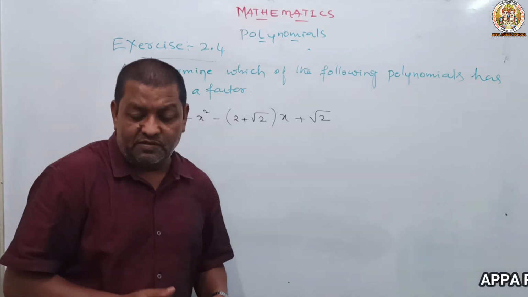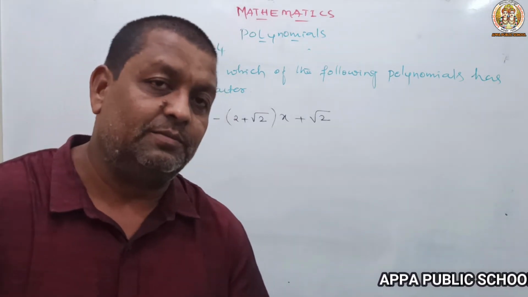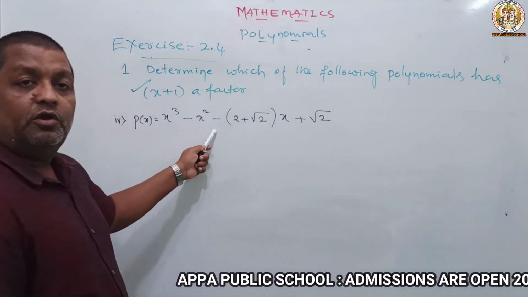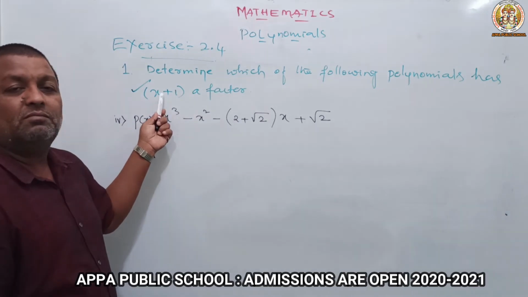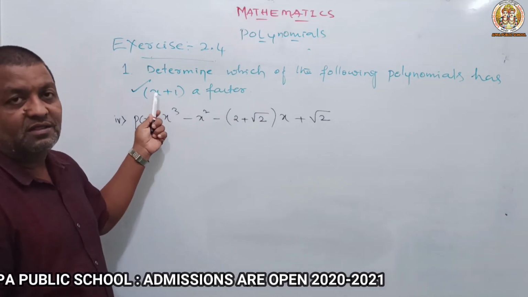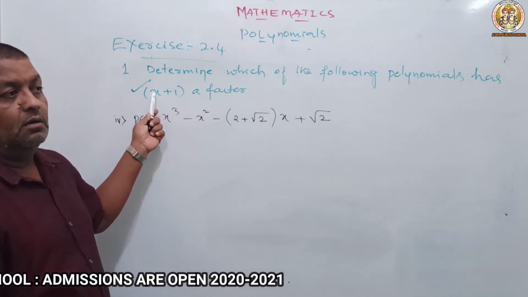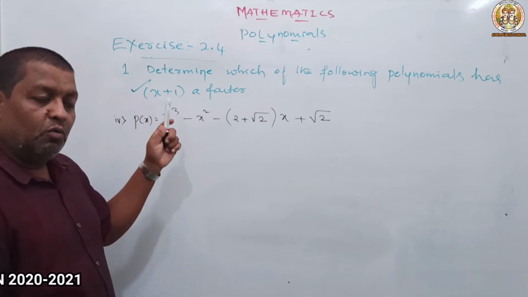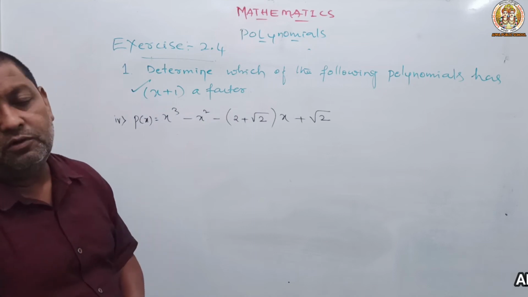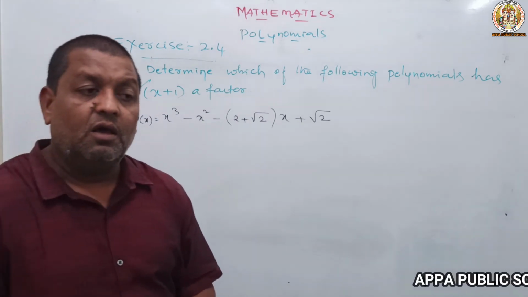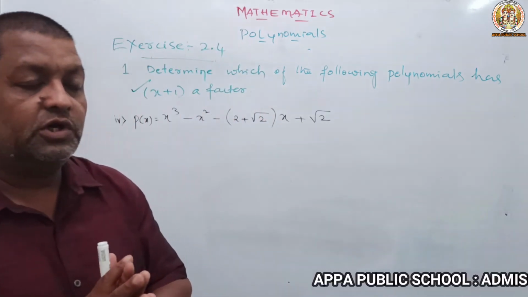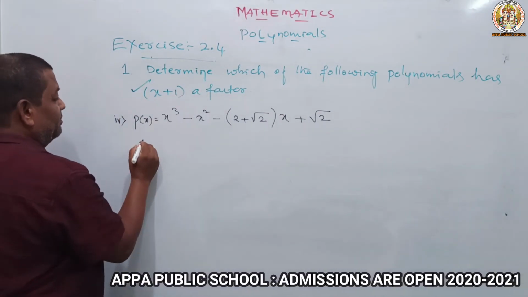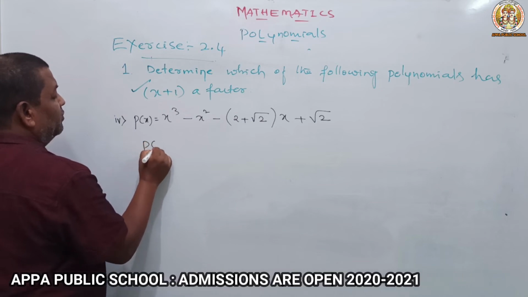Why I took this one is because here we need to do some adjustment to get an easy answer. For this polynomial, once again the same: we need to check whether this linear polynomial is a factor of it. What is the procedure? Once again we need to find p of minus 1. If we get p of minus 1 equal to 0, then it is a factor. That is the same. So now p of minus 1.